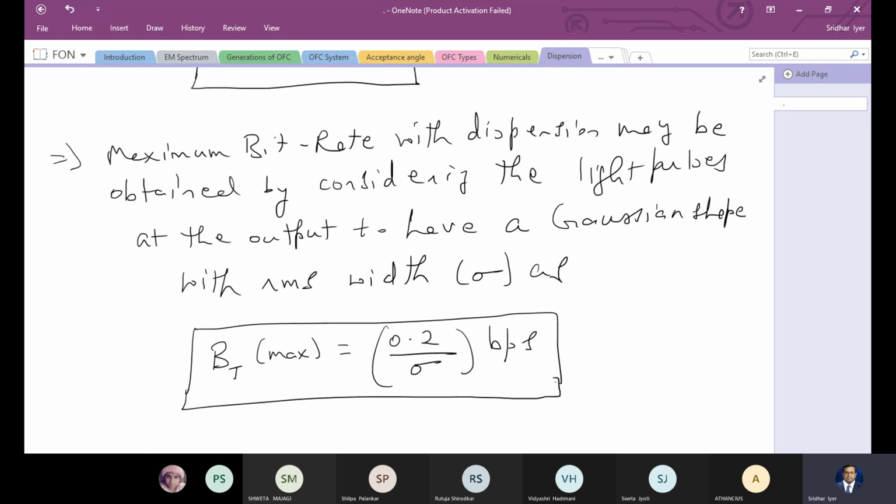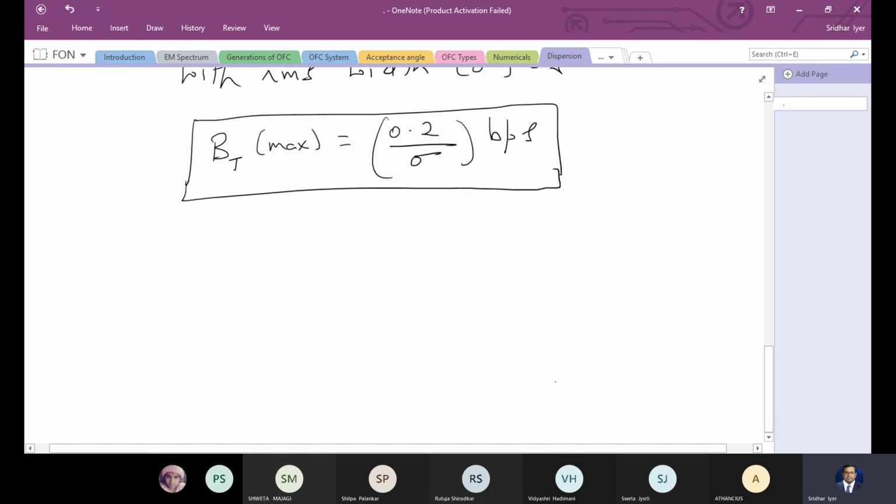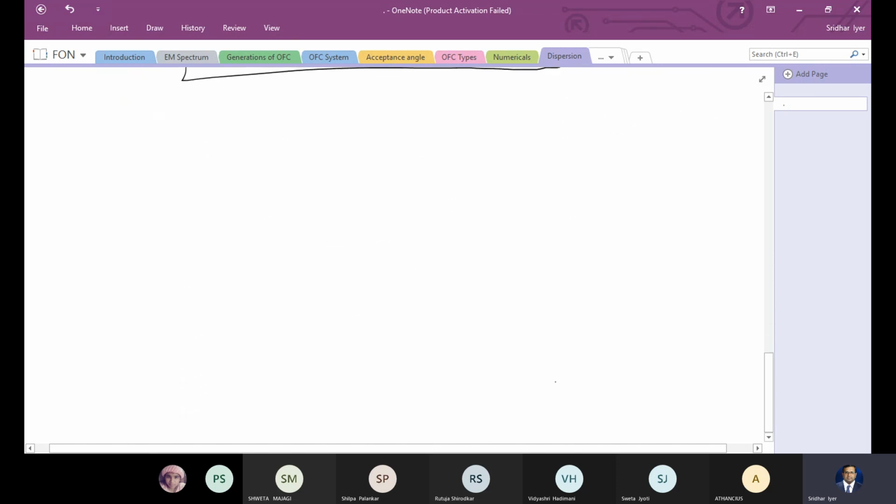We'll see in module 3 that the dispersion is going to be very high when you use an LED in comparison to lasers. So these are the two equations which we are supposed to know, but we'll be deriving them in module 3. Based on this, let's do a quick question, and then we'll move further with the dispersion.